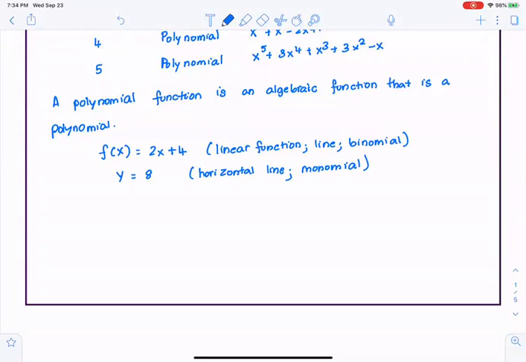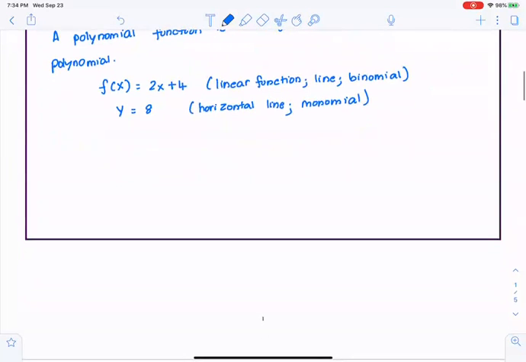In general, a polynomial function is written in the following manner.